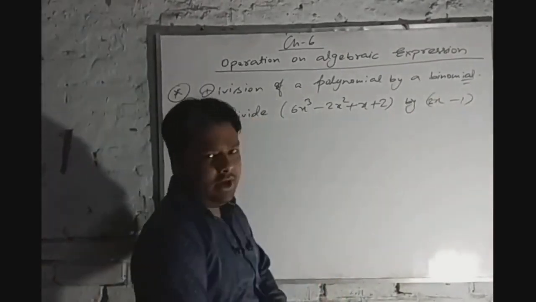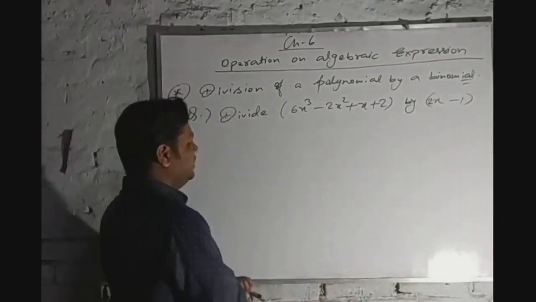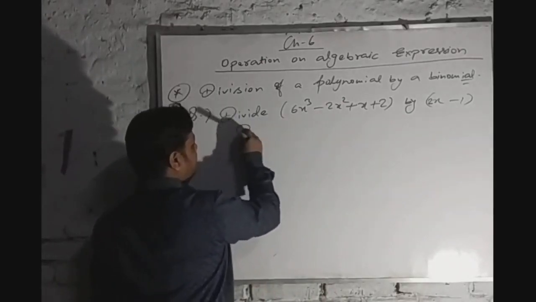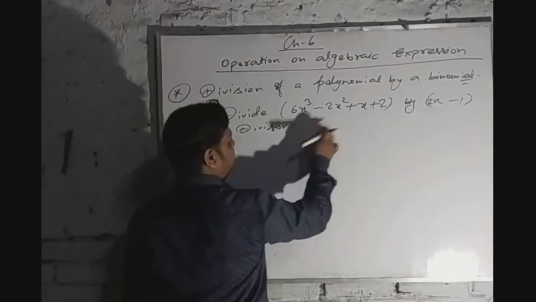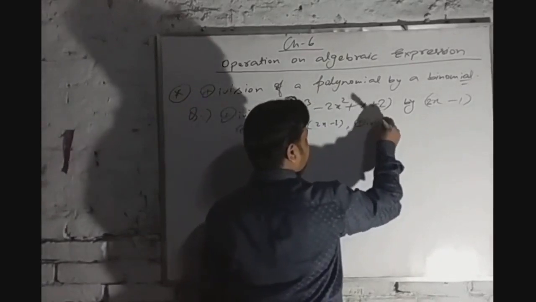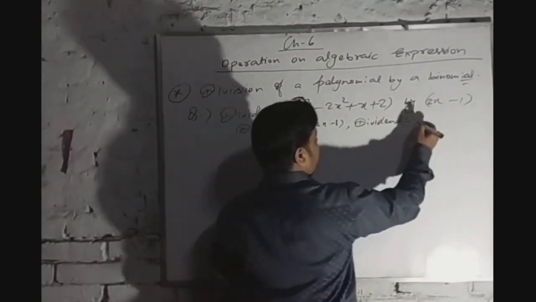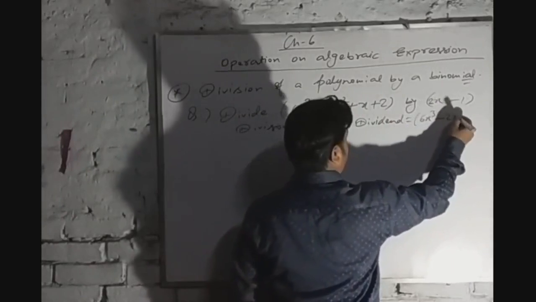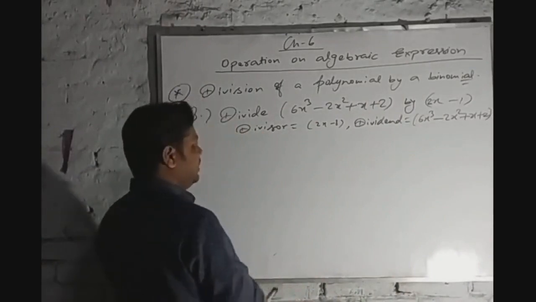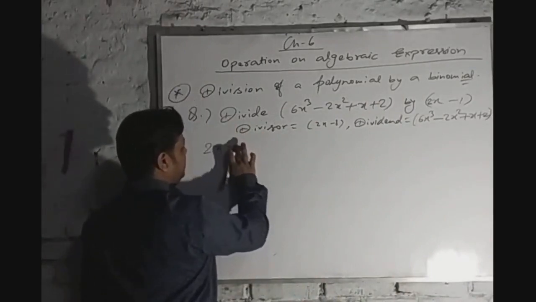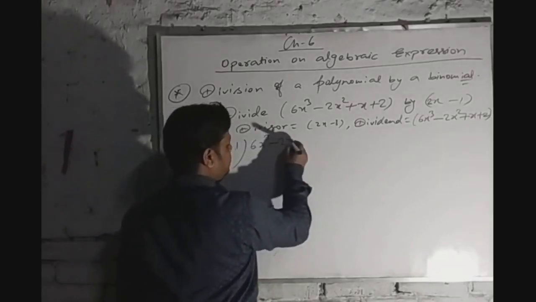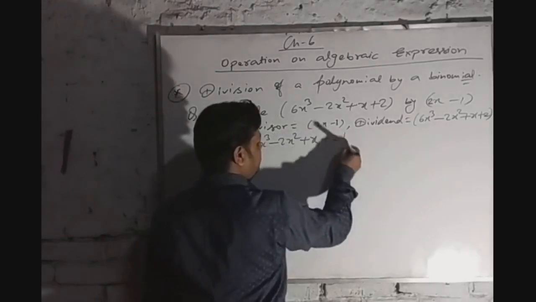So the divisor is 2x minus 1 and the dividend is 6x cube minus 2x square plus x plus 2. Let's solve: 2x minus 1 divided into 6x cube minus 2x square plus x plus 2.